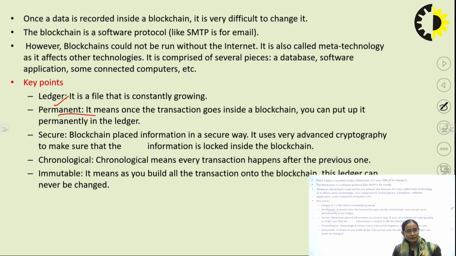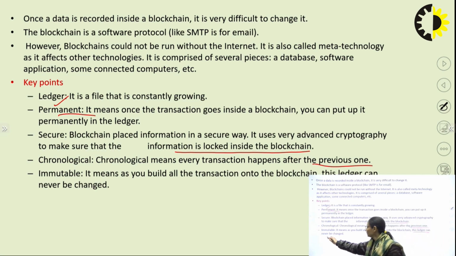It uses very advanced cryptography techniques so that the information written inside the blockchain cannot be tampered with. Chronological means that every transaction happens after the previous one. We are timestamping the transactions. Immutable means that as you build all the transactions on the blockchain, this ledger can never be changed. It cannot be overwritten.